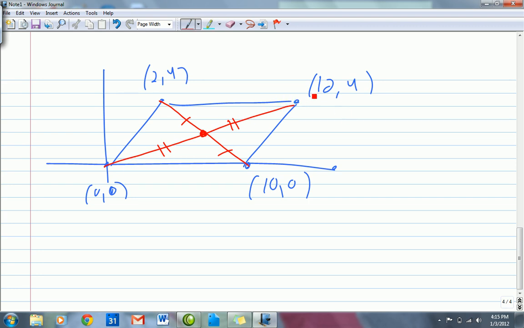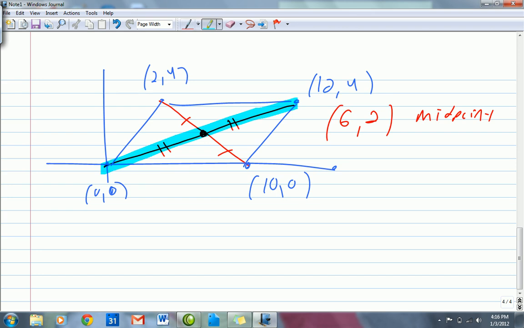Between (12, 4) and (0, 0), the midpoint is going to be 12 plus 0 over 2, which is 6, and 4 plus 0 over 2, which is 2. So that's going to be the midpoint between (12, 4) and (0, 0).